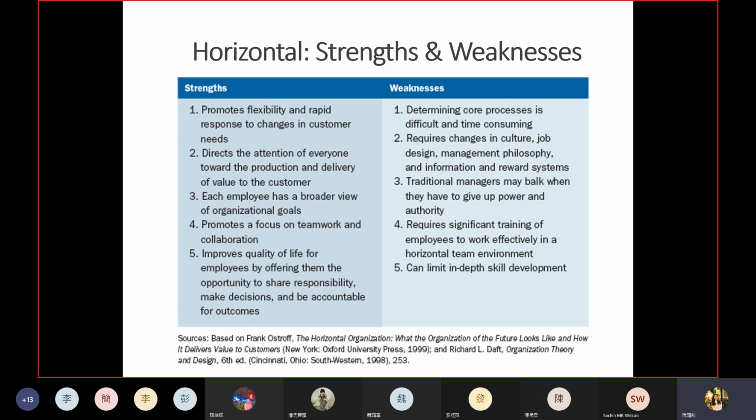If you are a new company and you directly adopt horizontal structure, you may not have this kind of problem. The fourth one is that it requires significant training of employees, and the fifth one is that it may limit in-depth skill development. Okay.